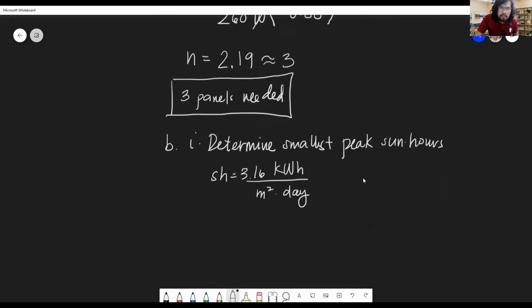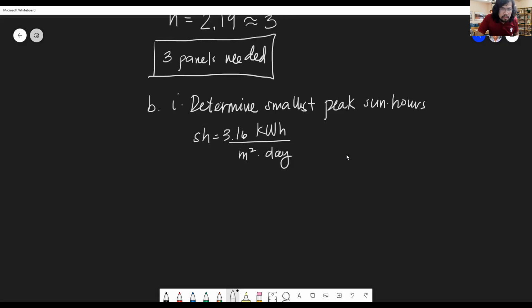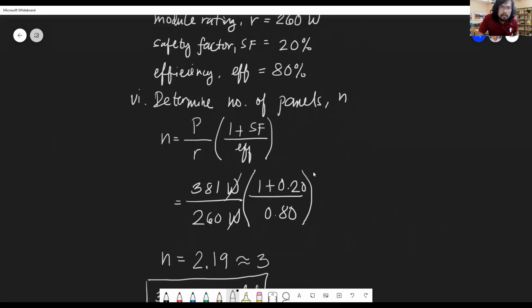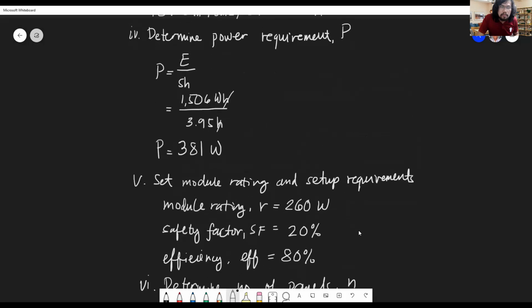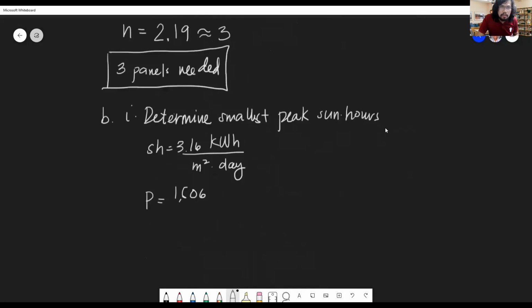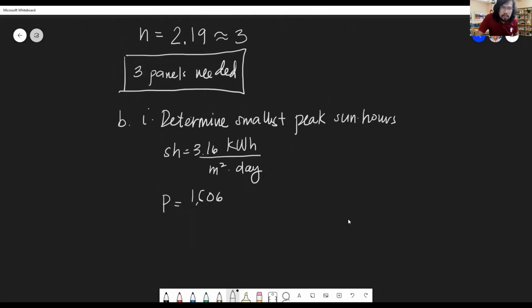I'll forgo the notations before solutions, so I'll just proceed with the solutions. What we will do is determine the P. 1506 watt hours over 3.95. Sorry, the peak sun hours is no longer in these units.